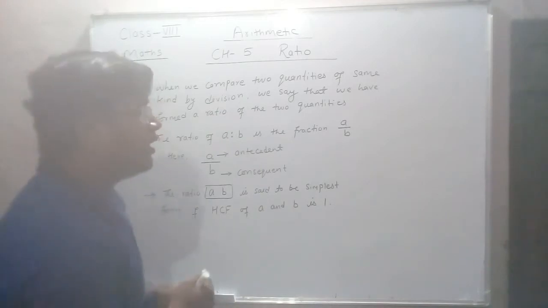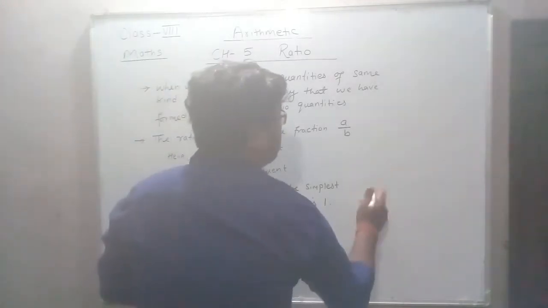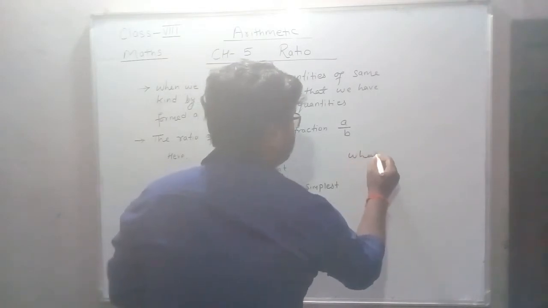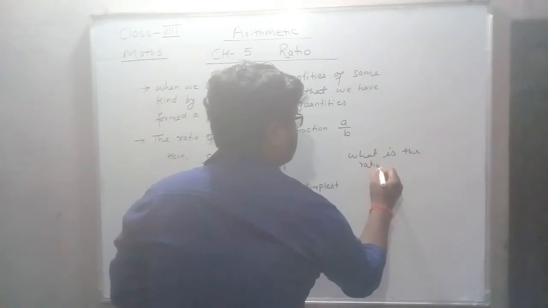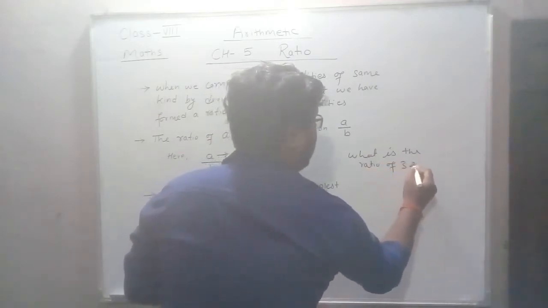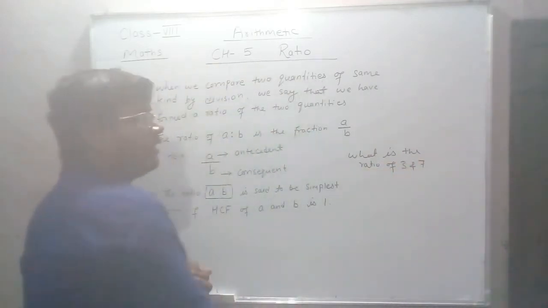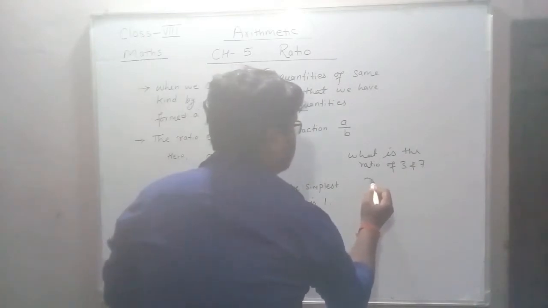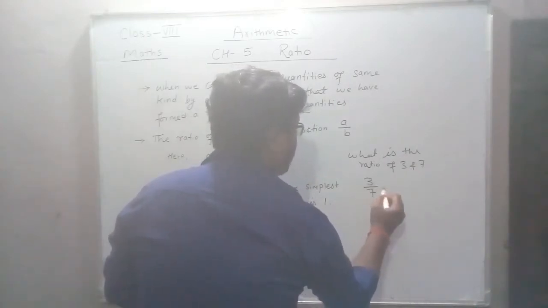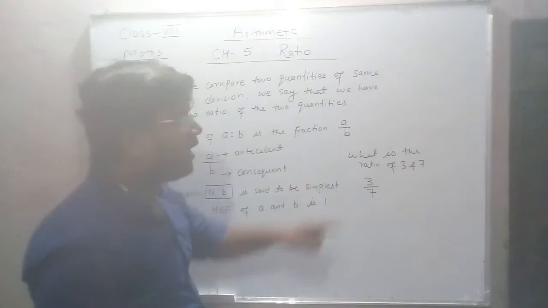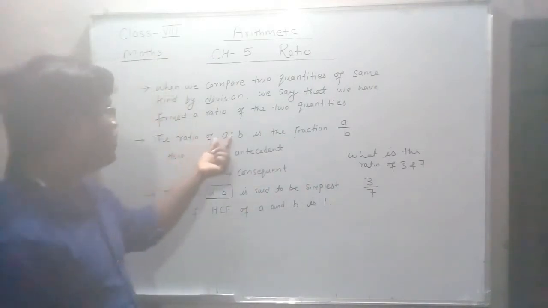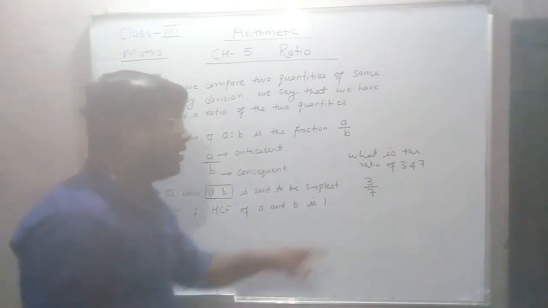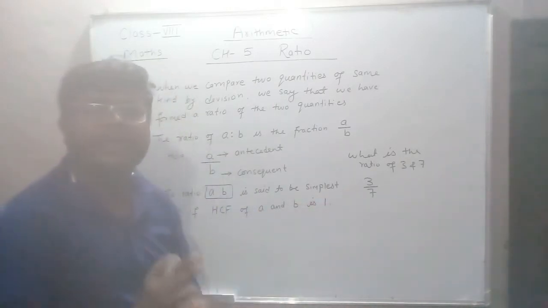For example, if we need to say what is the ratio of 3 and 7, we will say the ratio of 3 and 7 is 3 upon 7. By dividing we are comparing them. It need not always be 3 and 7, it may be any number.